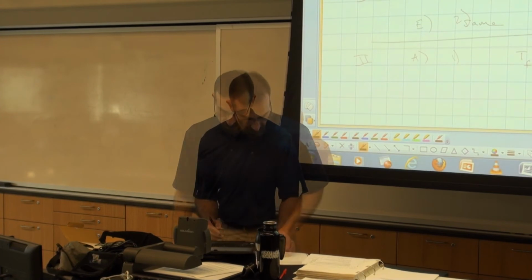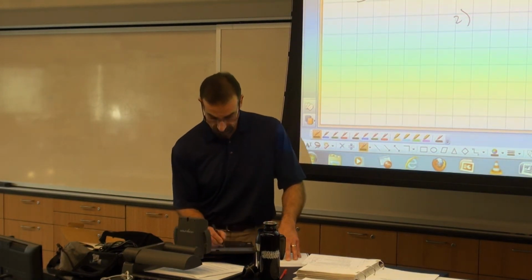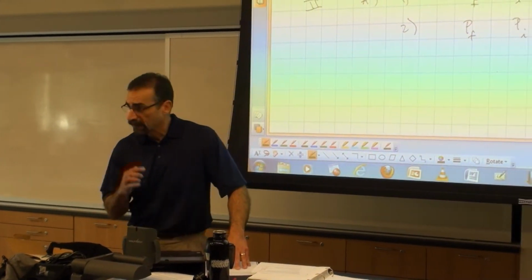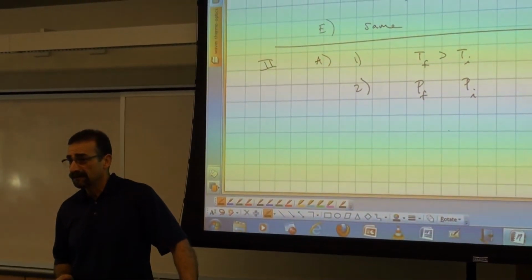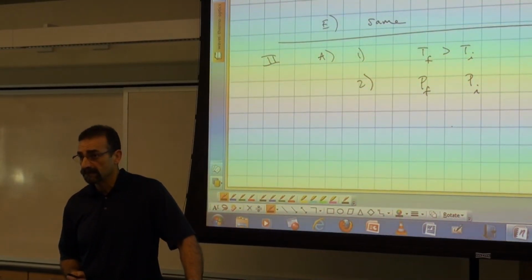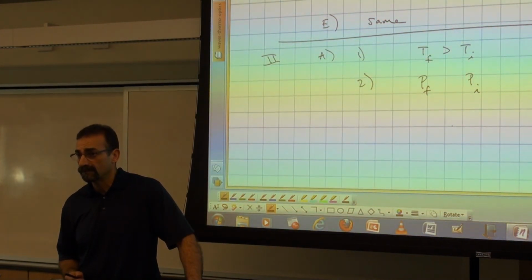Okay. Are we ready to move on? Pressure. How do the pressures compare, final to initial? I thought it was greater too, because once you increase the temperature, it's gonna raise the pressure, but I'm not sure whether the piston is moving or not.